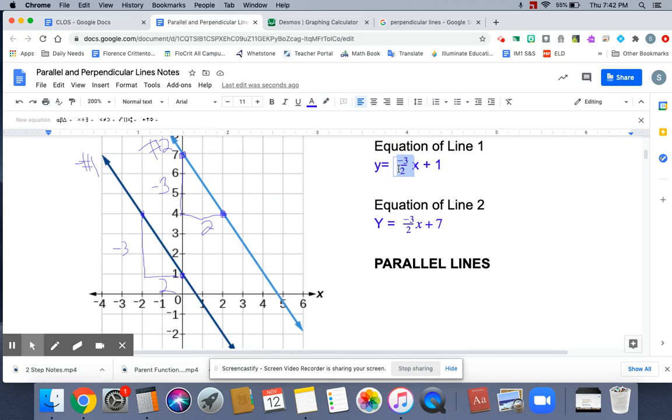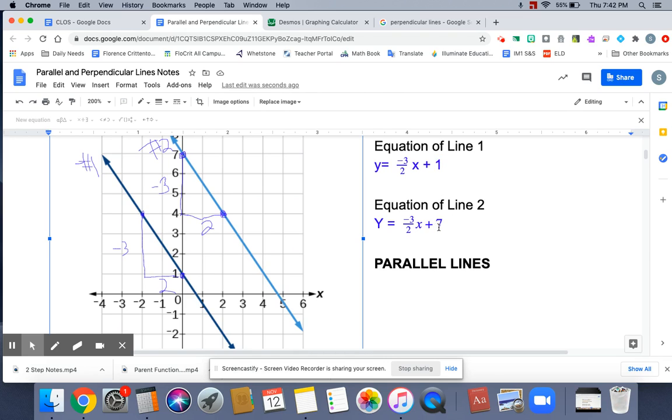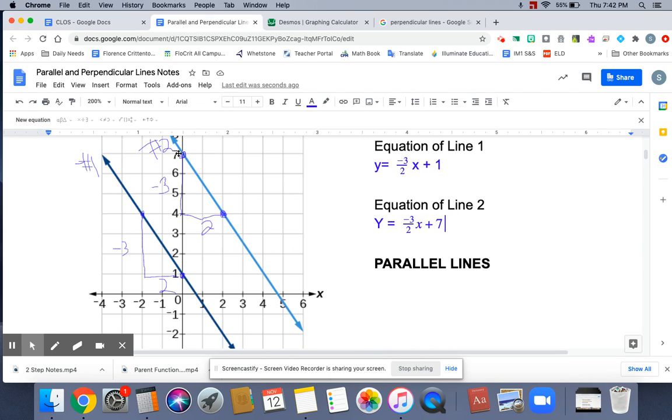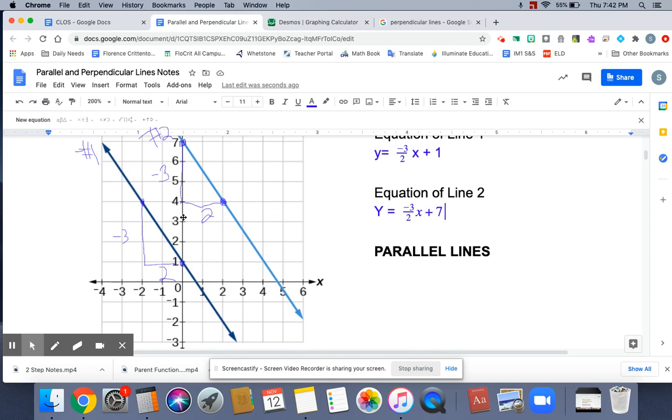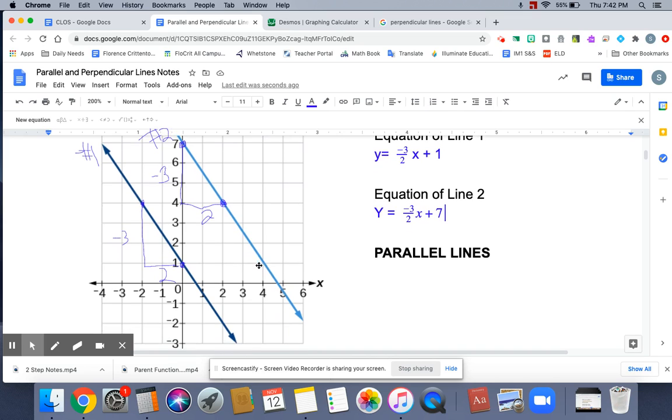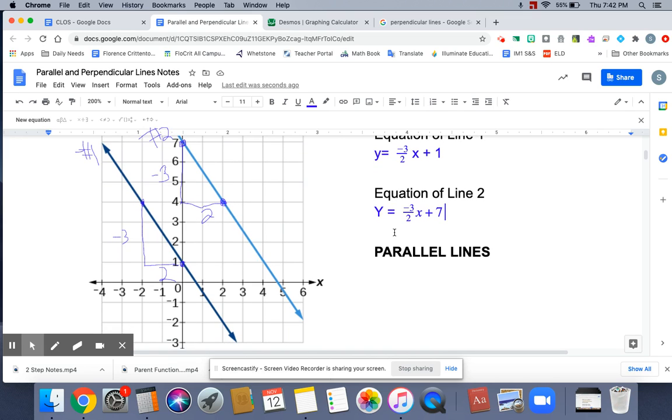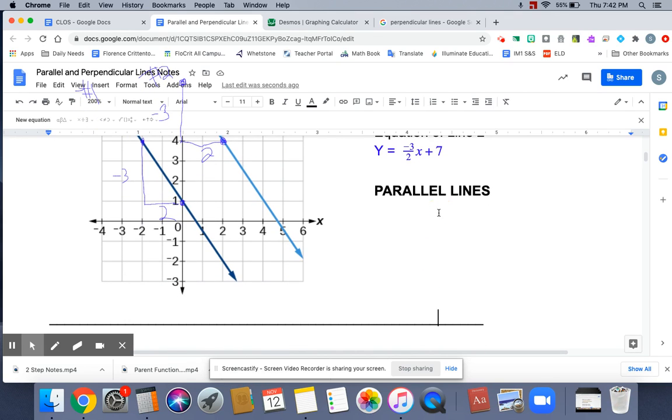And that's the reason why they don't cross, because even though they're starting at different points, this one starts at 1, this one starts up here at 7. For both of them, from where they start, they're going to go down 3, right 2, down 3, right 2. Therefore, they're never going to end up crossing because they're growing in the exact same way, which is why they never cross.